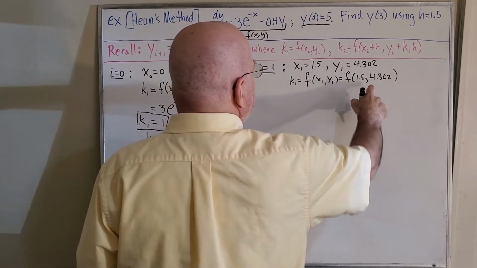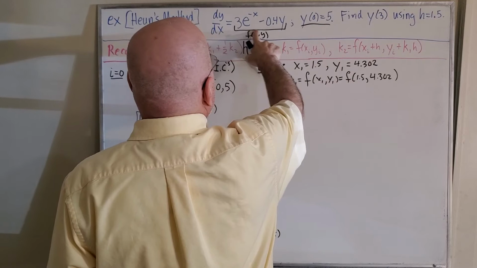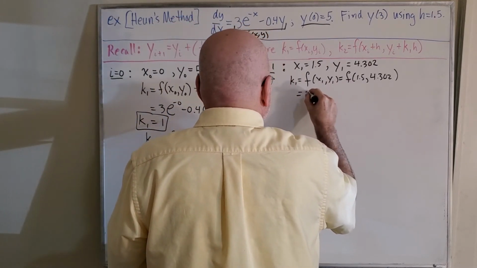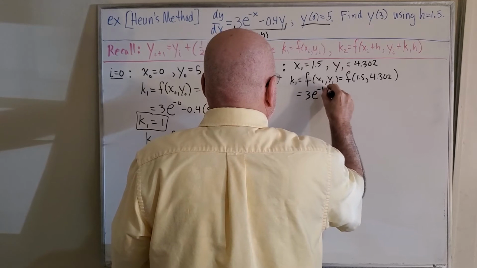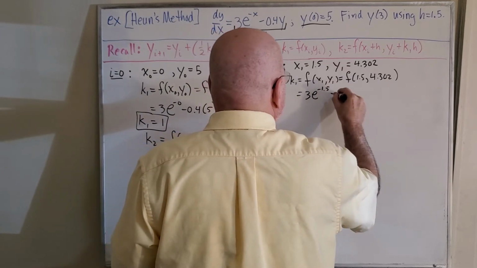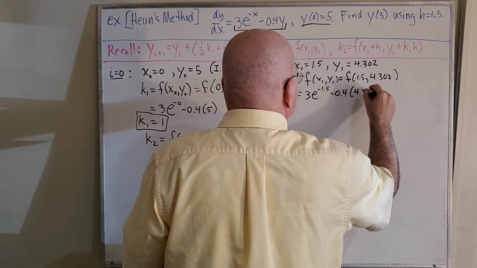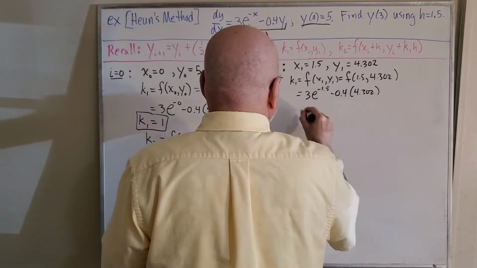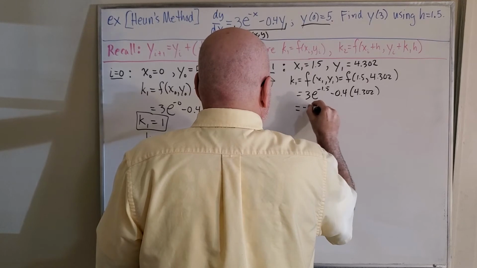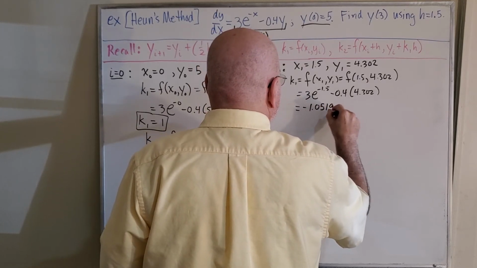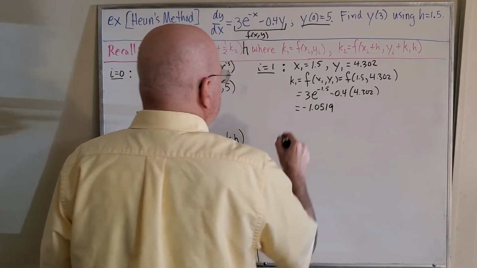And if we plug this into f right here, we get 3e to the negative 1.5 minus 0.4 times 4.302. And that is equal to negative 1.0519. That's k1.